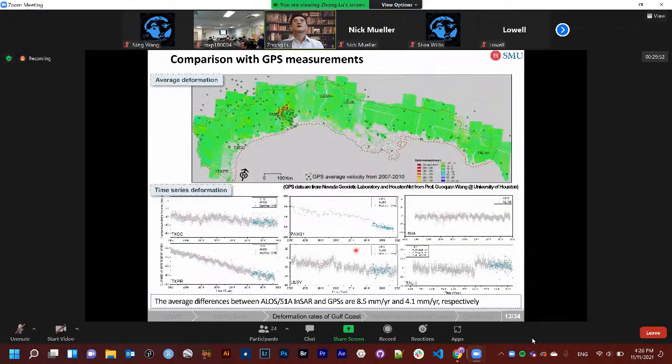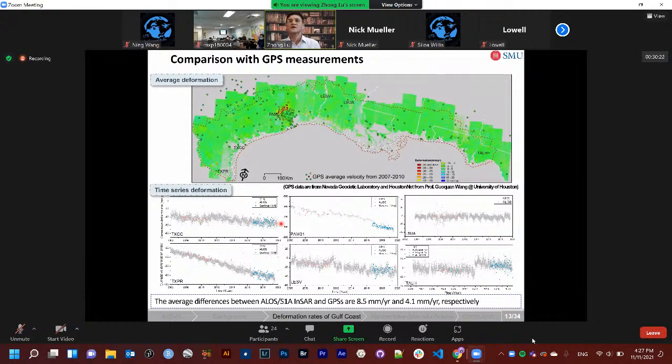As I mentioned, we compare InSAR measurements with available GPS data. Here we show GPS locations and give you a few examples. For example, over here is GPS measurement in gray and the red and blue dots from ALOS-1 during the 2007-2011 period and the 2016 to 2019 period. Here it shows our comparison, superimposing InSAR measurement on GPS.